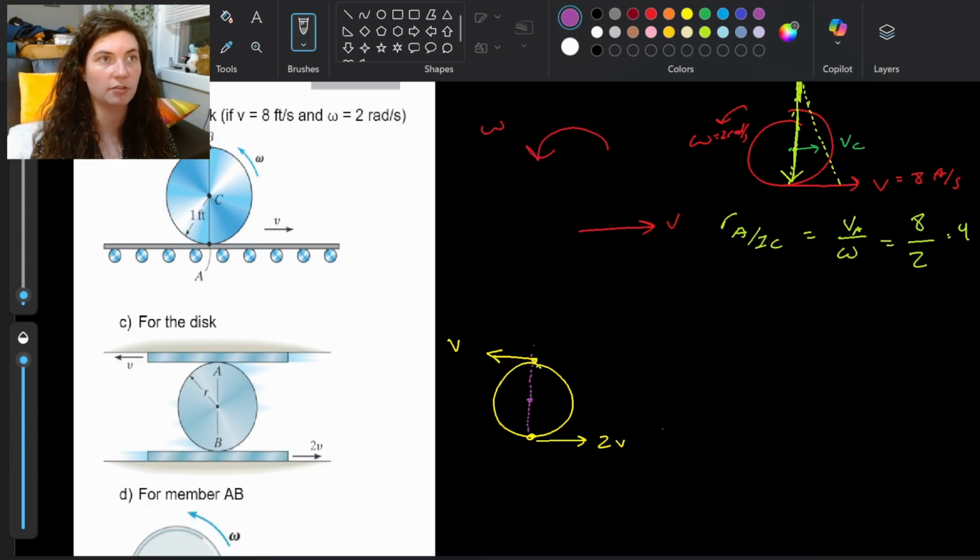Our IC is going to fall somewhere in the middle there, proportional to the relationship between this V and this 2V. Okay, so there's IC, and we would have our vector of r A with respect to IC, and r B with respect to IC.